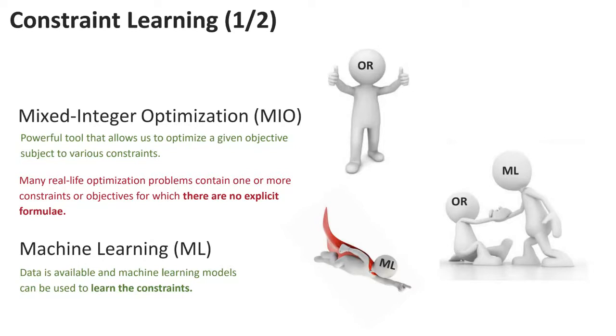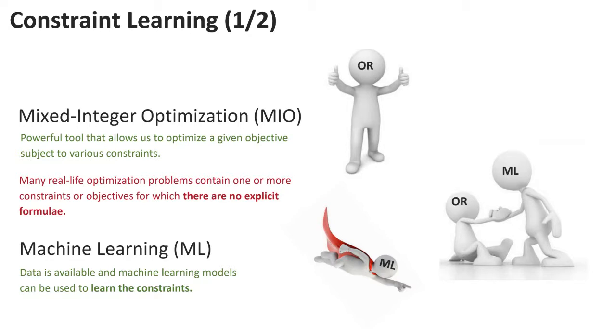One of the best known optimization problems is the traveling salesman problem, where we have to find a route to visit a set of cities such that we visit each city once and we go back to the original point.